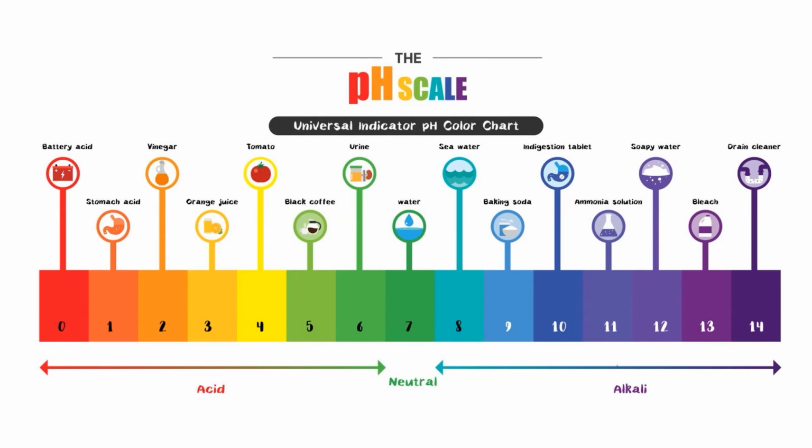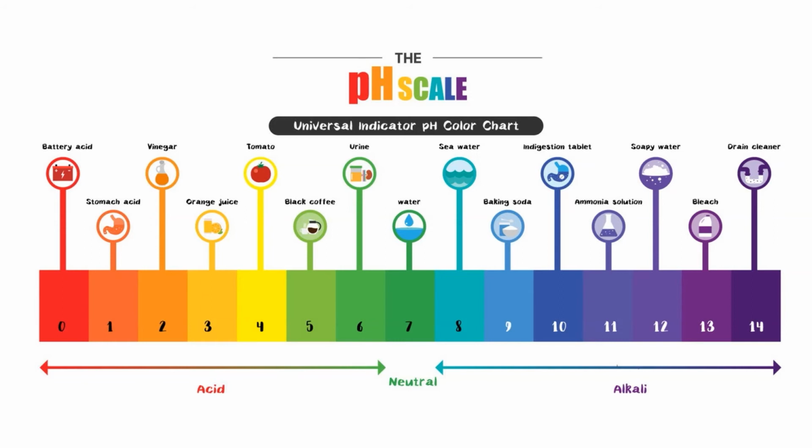So this is another way, some examples. Battery acid, conc H2SO4 we use, has pH 0. Stomach acid is between 1 or 2. Vinegar 2, orange juice 3, tomato 4, black coffee 5, urine 6, water 7, seawater 8. You can say baking soda 9 pH.